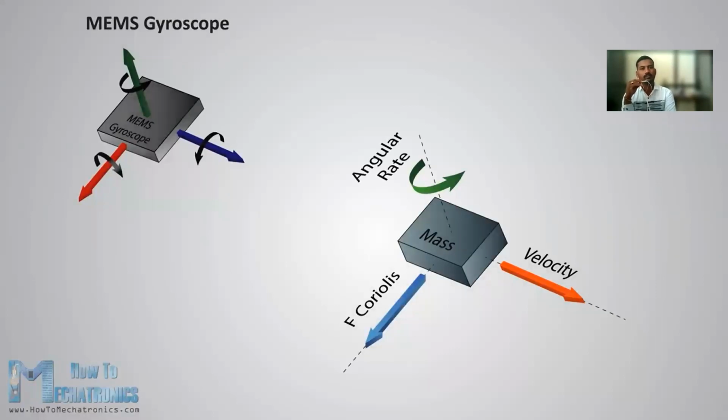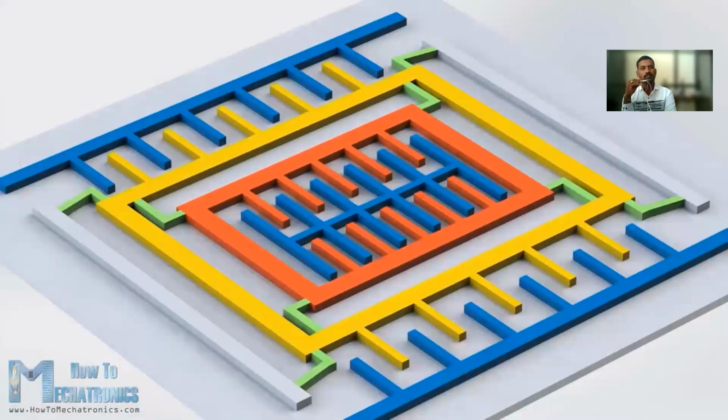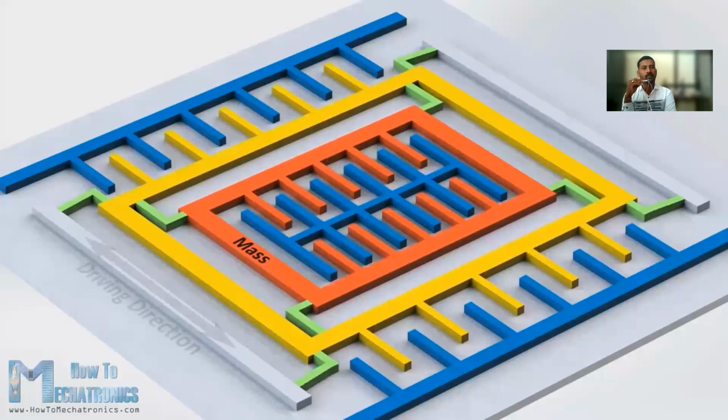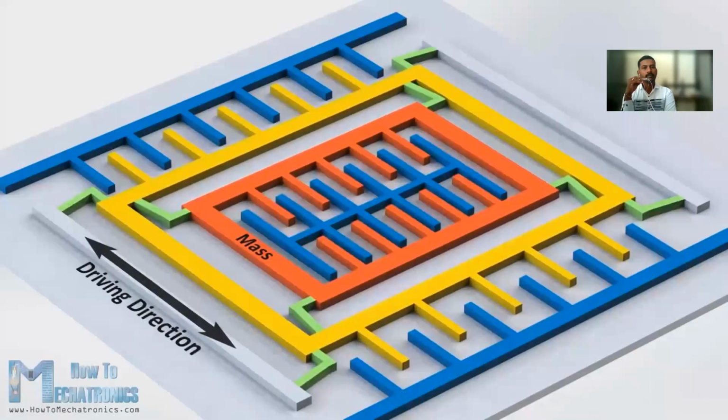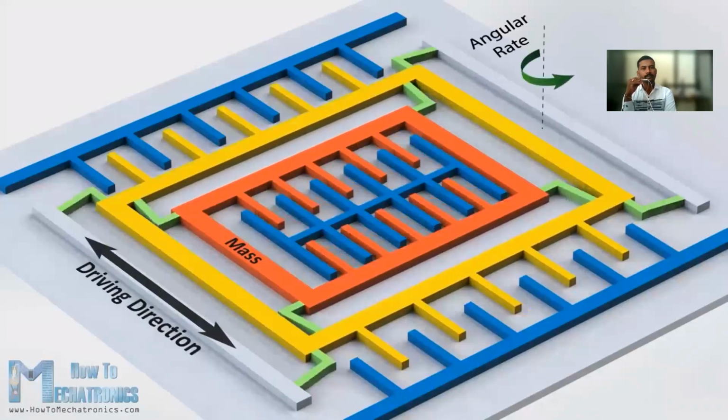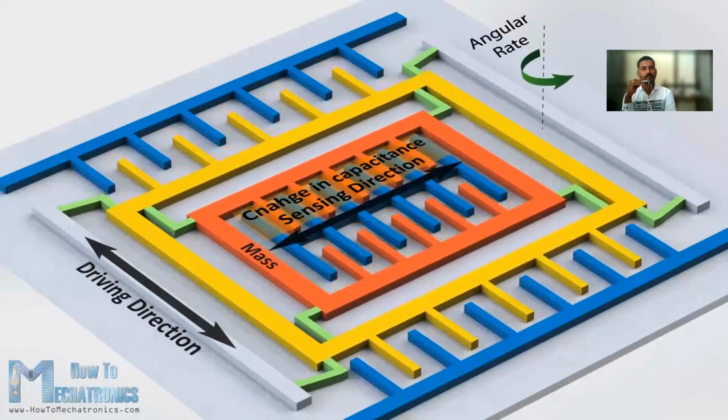The microstructure of the gyroscope looks something like this: a mass that is constantly moving or oscillating, and when an external angular rate is applied, a flexible part of the mass will move and make the perpendicular displacement.